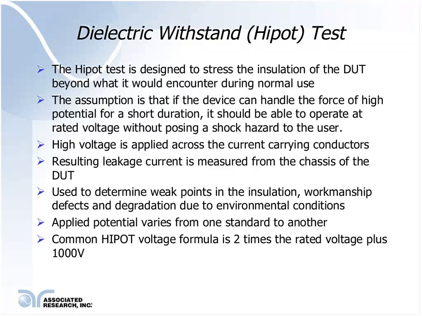The Hipot tester will measure the resulting leakage current flowing through the insulation. The potential used in a Hipot test varies from one standard to another, but a common Hipot voltage formula is to take 2 times the rated voltage of the product plus 1,000 volts.